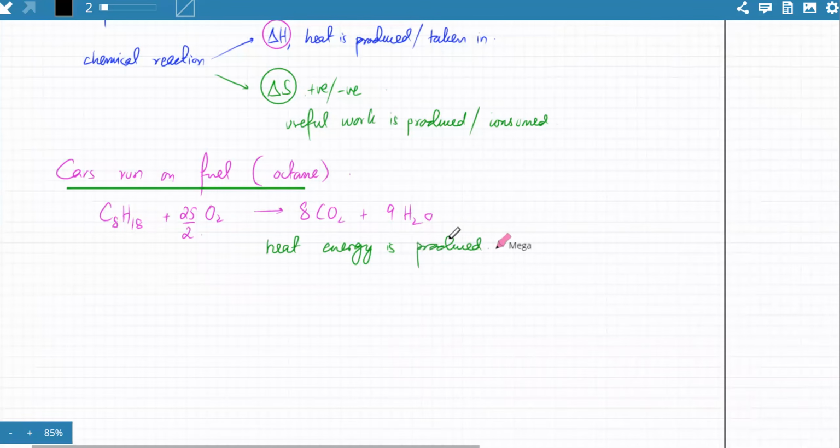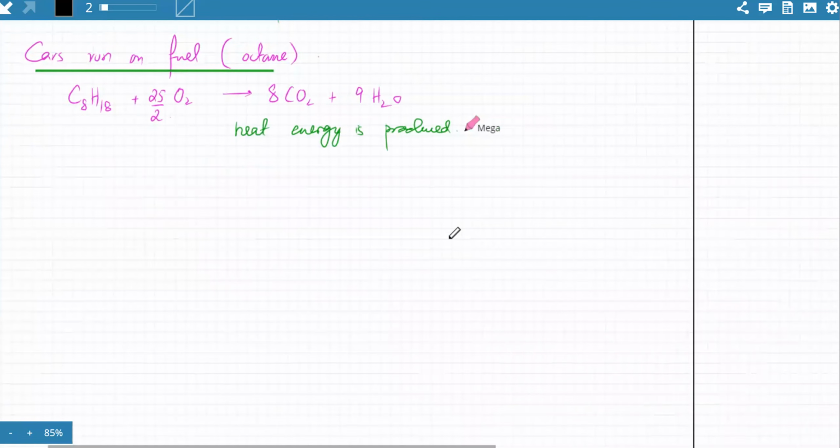Hopefully everyone knows that when you burn petrol, a lot of heat energy is produced. But that heat energy is completely useless. The car has nothing to do with it. You have radiators in your cars which have water in them, and those radiators are constantly trying to remove that heat energy.